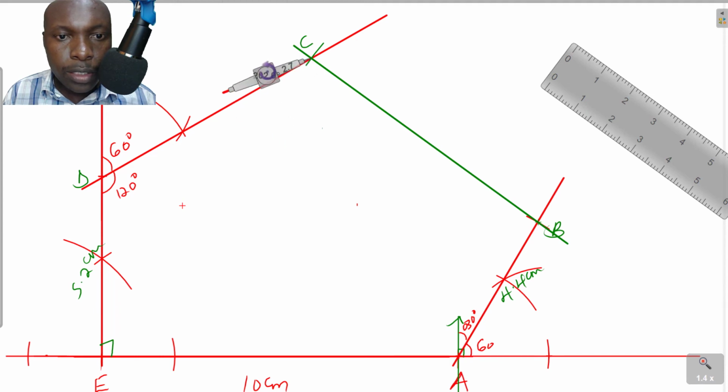Then with any radius, mark an arc there, without changing anything mark another arc there.